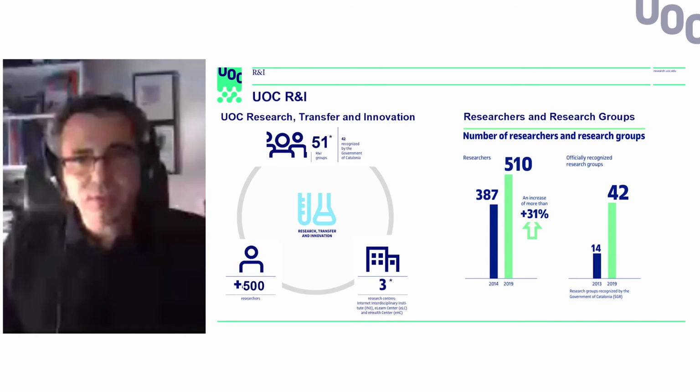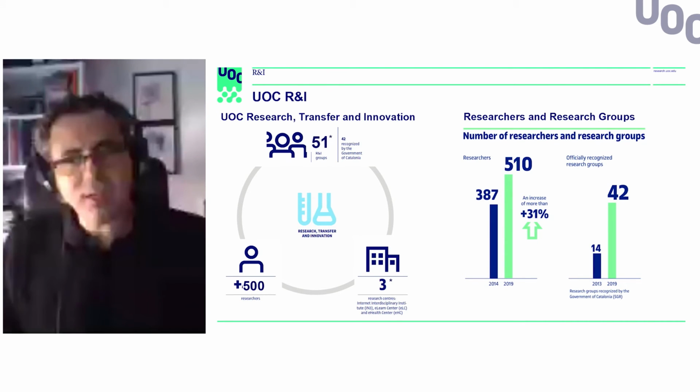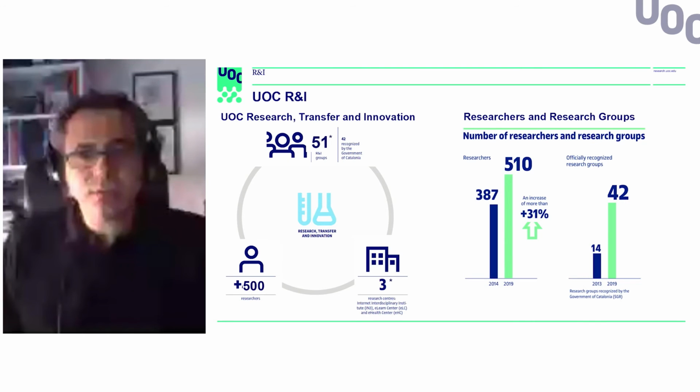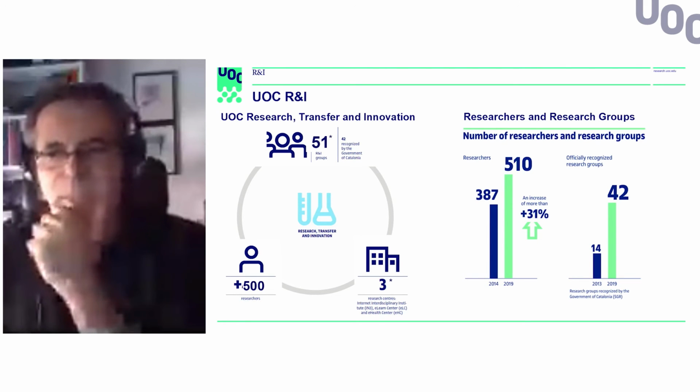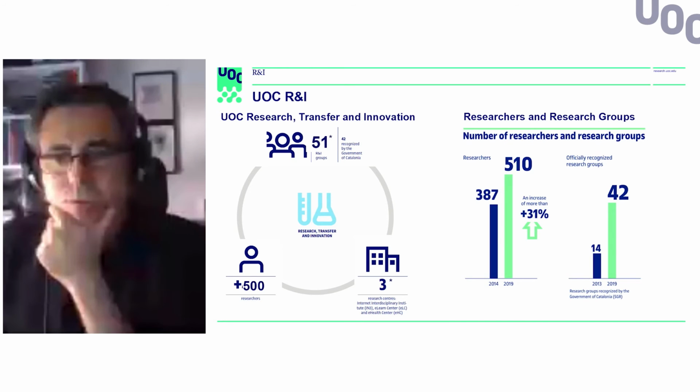As for the researchers, from 2014 to 2019, which is the last number, UOC researchers have increased by more than 30%. This is the result of really powerful talent recruitment policies from the UOC. We are trying to grow in this specialty, trying to get the most talented researchers to join us in this effort.